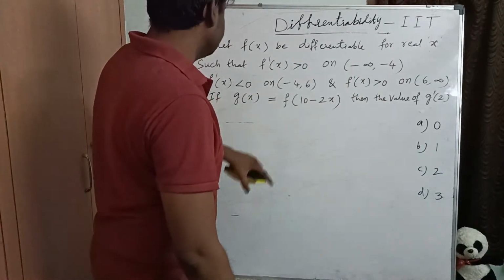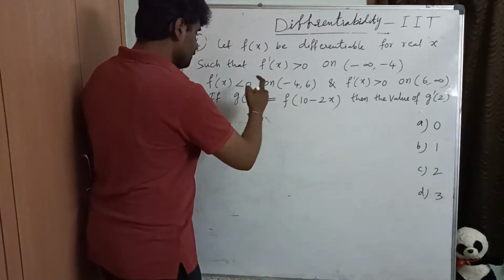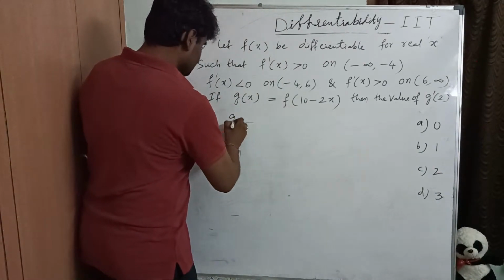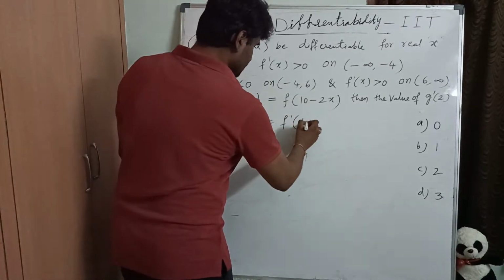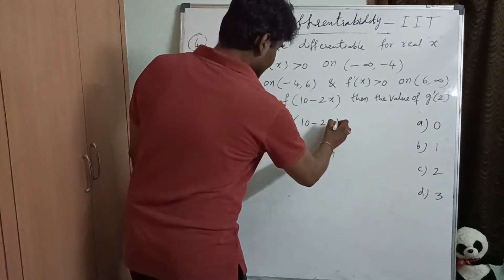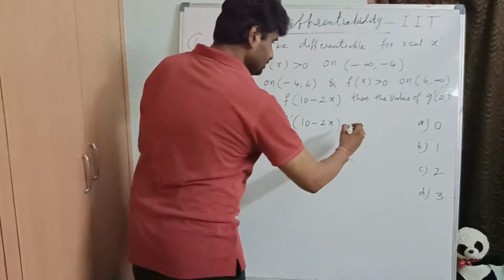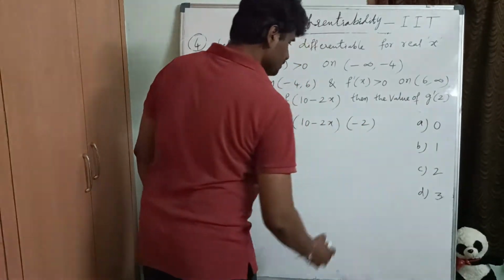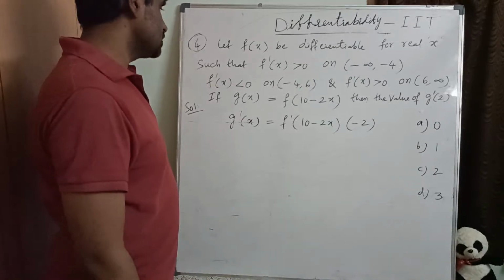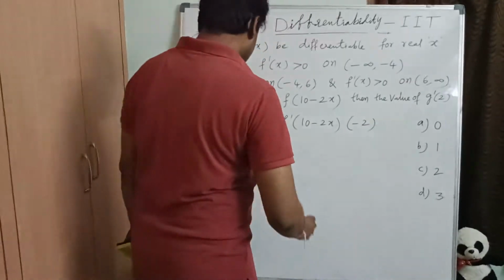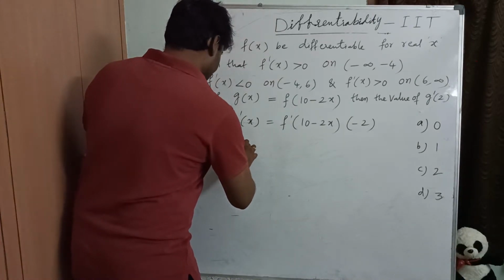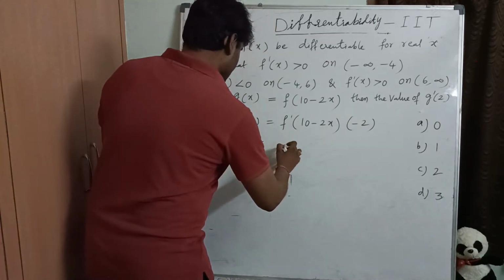Anyway, first of all, let us differentiate this. g dash of x equals f dash of the same thing, and if you differentiate the inside function, we get minus 2. Clear? Now g dash of 2 we are going to find out. What will we get?